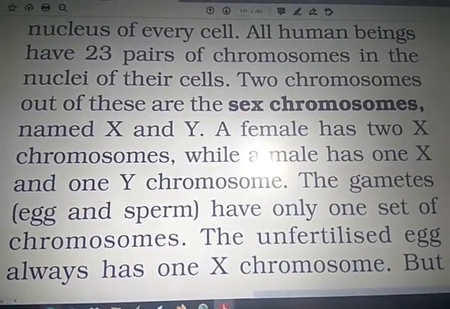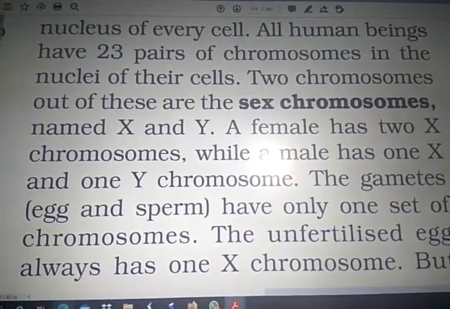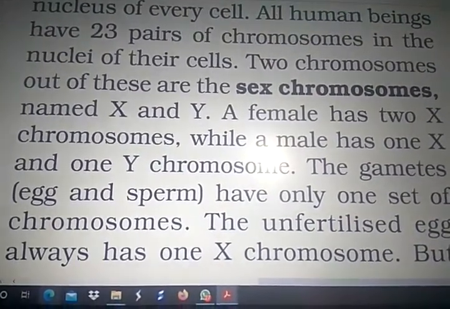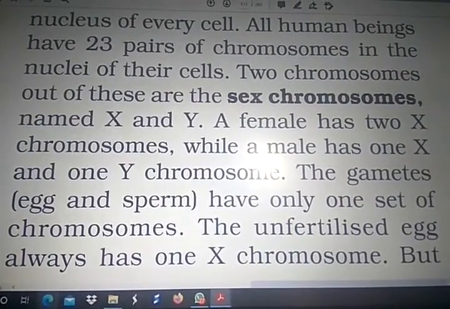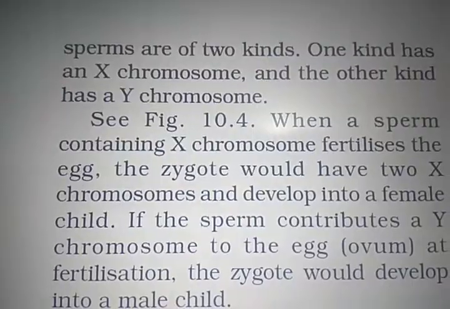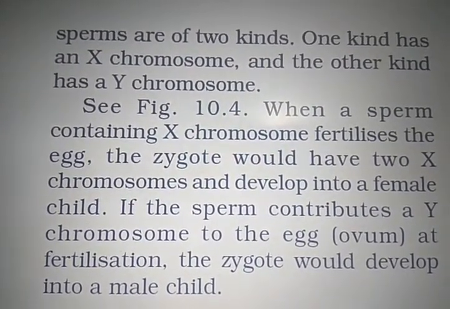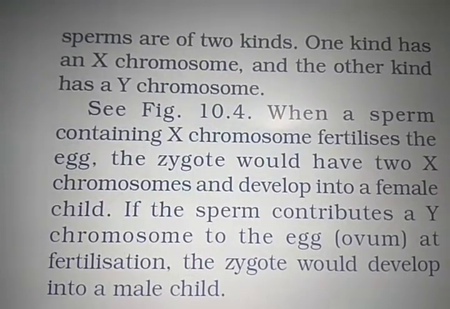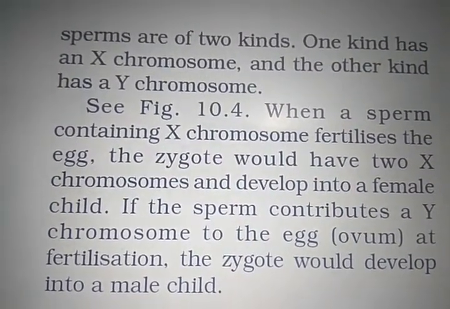Now the gametes, that is eggs and sperm, have only one set of chromosomes. The unfertilized egg always has an X chromosome. But the sperm are of two kinds. One kind has an X chromosome and the other kind has a Y chromosome.